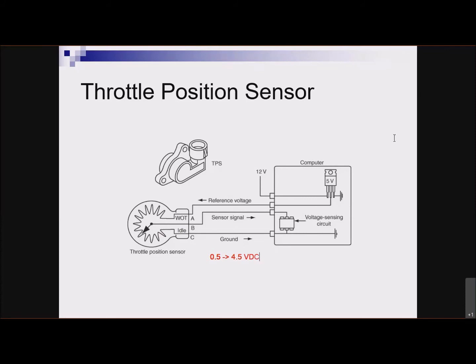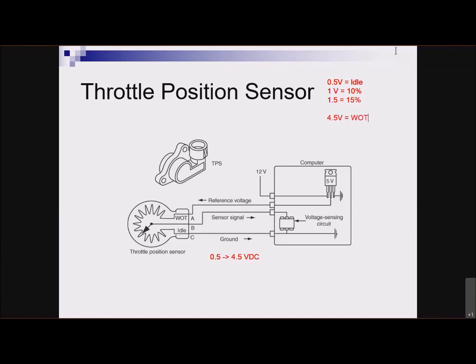And then inside the computer, there's just a table, right? 0.5 volts equals idle. 1 volt equals 10% throttle maybe. 1.5 volts maybe equals 15%, and so on until it gets to 4.5 volts equals wide open throttle.